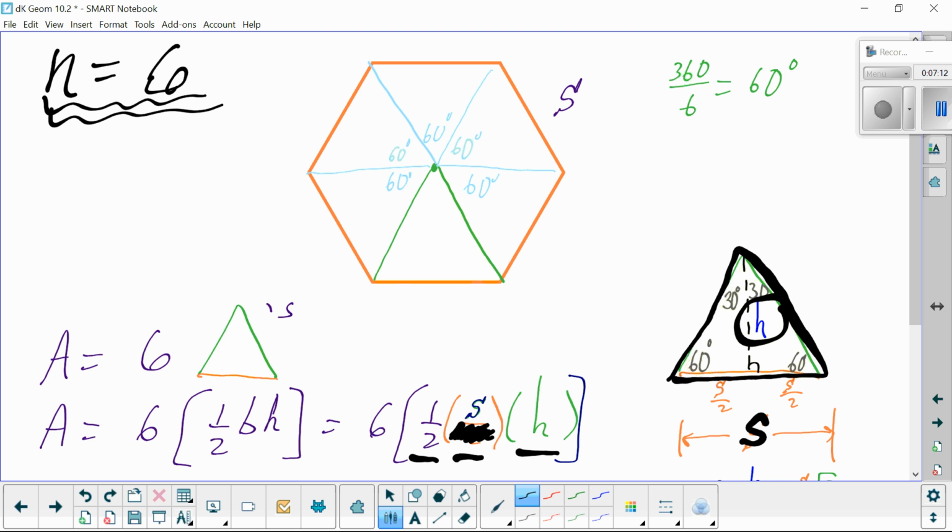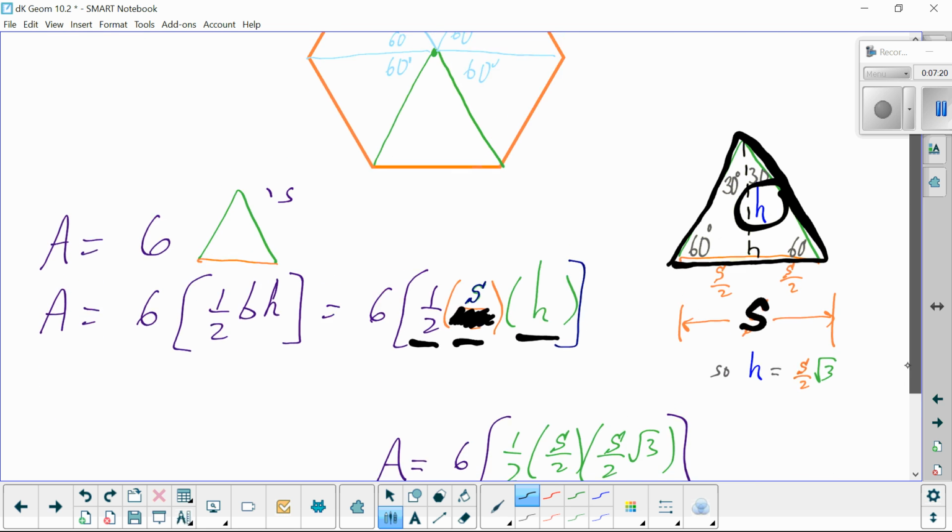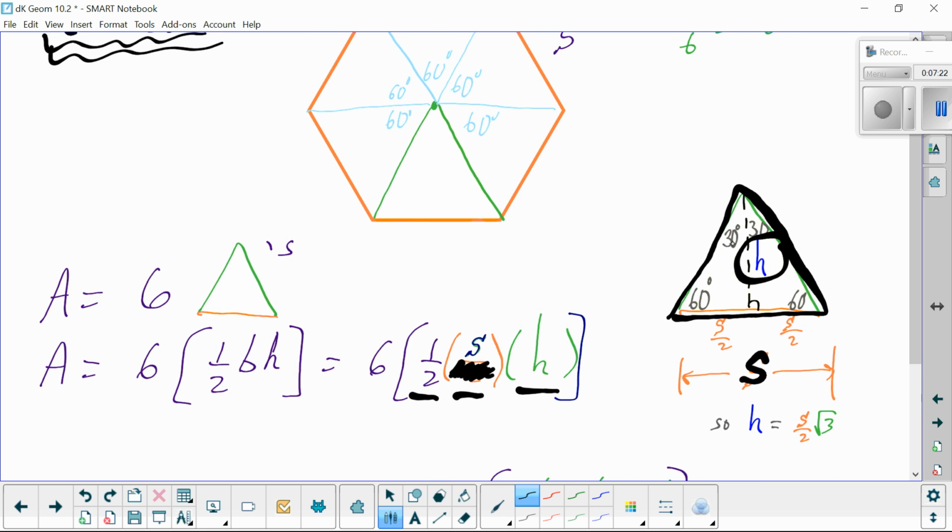All right, well, to find H, we're not going to use SOHCAHTOA, we'll use the special right triangle relationships. And in this 30, 60, 90, if this side here is S over 2, multiplying that by root 3 gives us the height. So the height is S over 2 root 3.